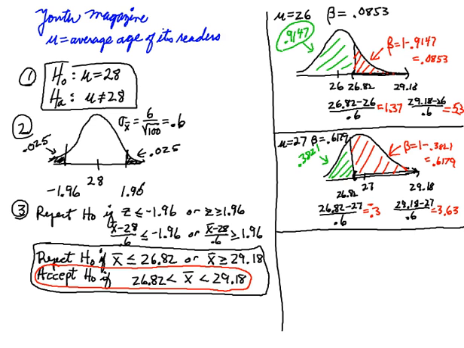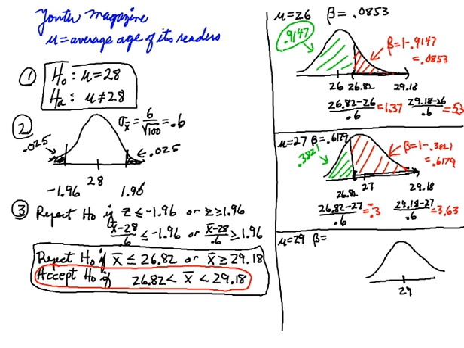Let me do the 29. Suppose mu is 29. The null hypothesis is wrong. 29 is much further up here. And if mu is 29, what's the probability that my decision statement based on a sample of size 100 would lead me to accept the null?